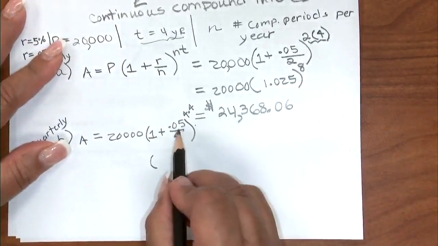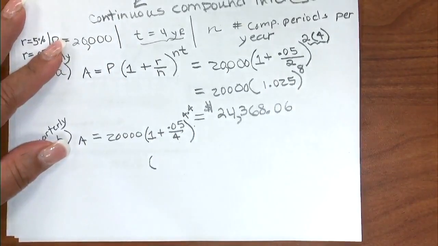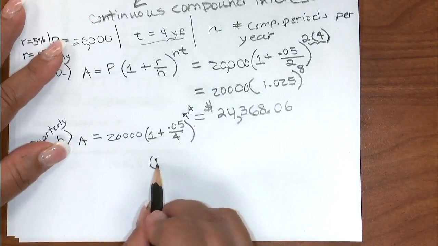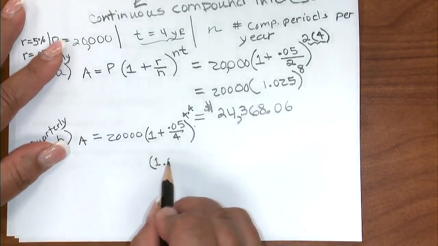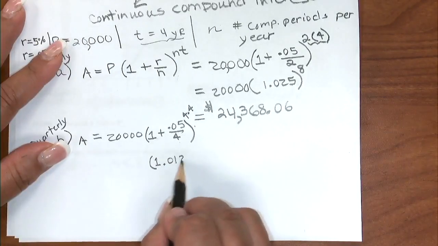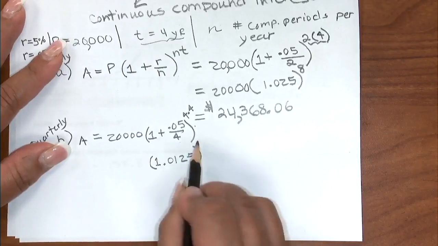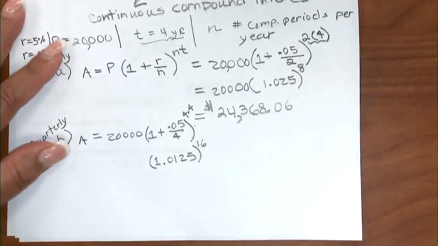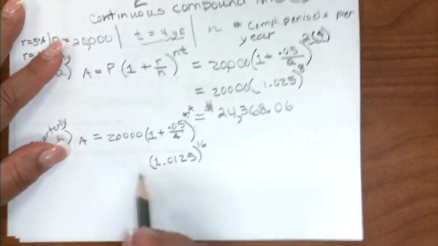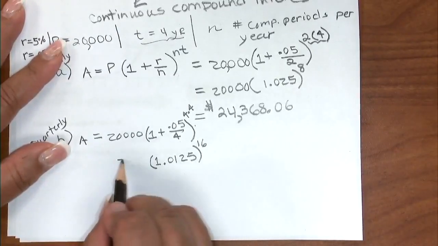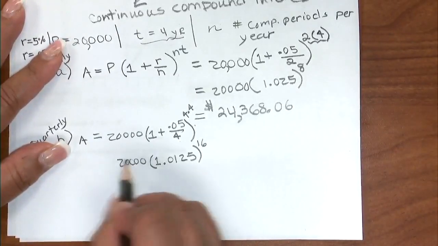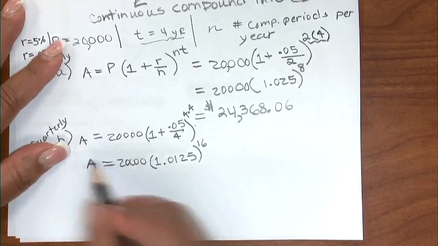Can somebody put 0.05 divided by 4 in the calculator just so I can clean this up a little bit? 0.0125. Thank you. And we're going to have a power of 16 this time. So you see all that's changing is your power and the number that's in here. Times 20,000. Pop all that into the calculator.